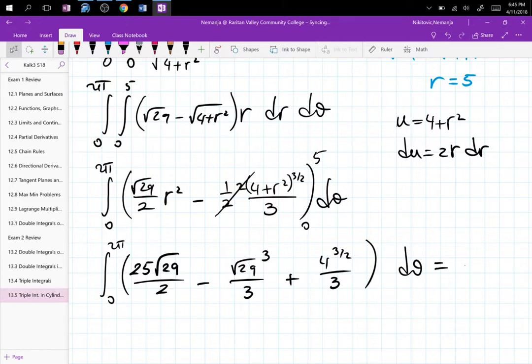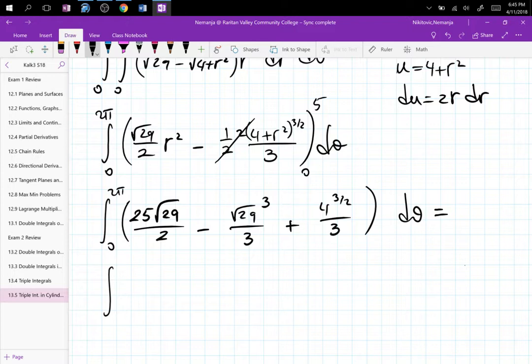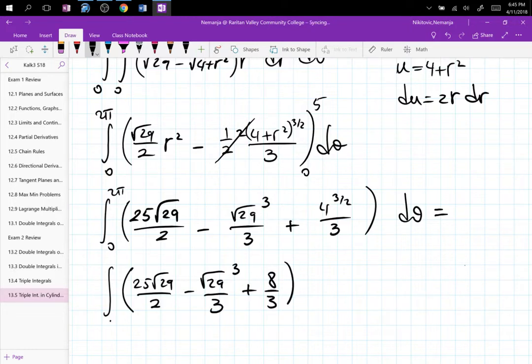Now, I can simplify. The square root of 4 is 2, and then 2 cubed is 8, so the last term is 8/3. So the integral of 25 square root of 29 over 2 minus square root of 29 cubed over 3 plus 8/3. And you know what? All of this stuff has no variables, it's a constant.